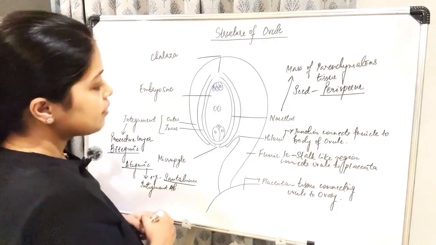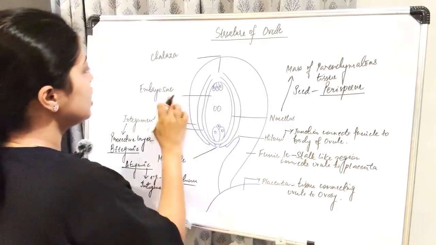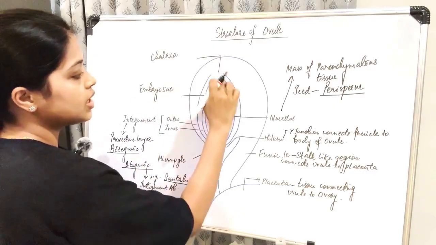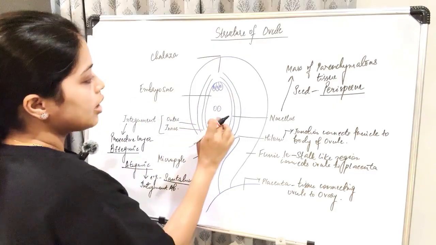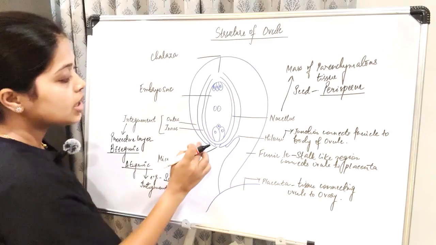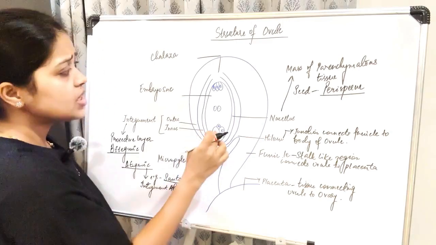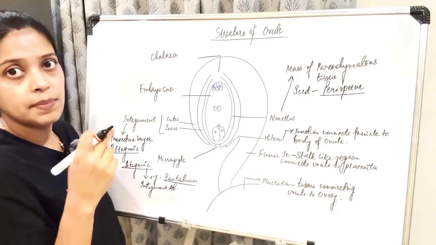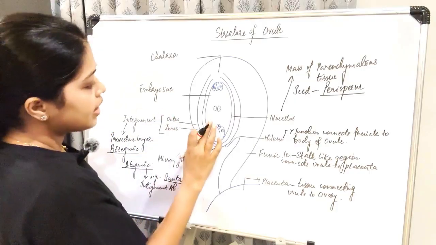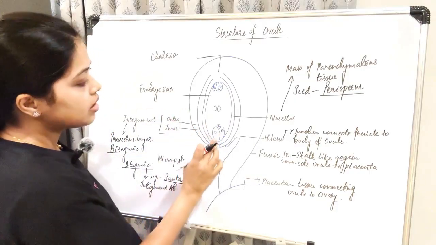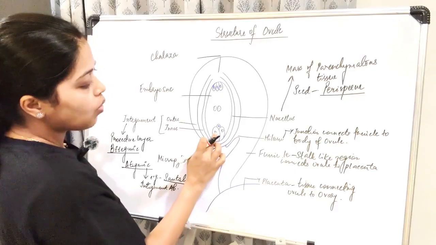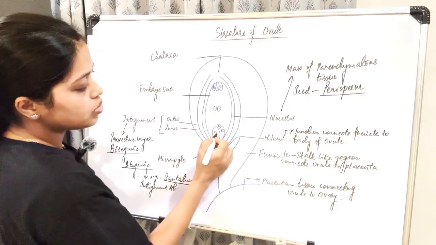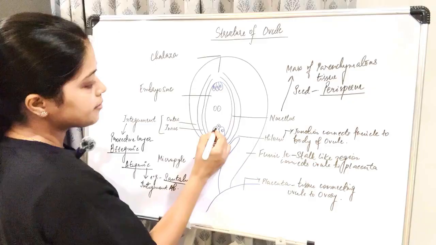Then we have the inside, the embryo sac. This is the embryo sac, the female gametophyte, which has different structures. I'll tell you in detail later when we talk about the development of the embryo sac. Here I just give you a little brief that these are called the synergids. The two cells are called the synergids.